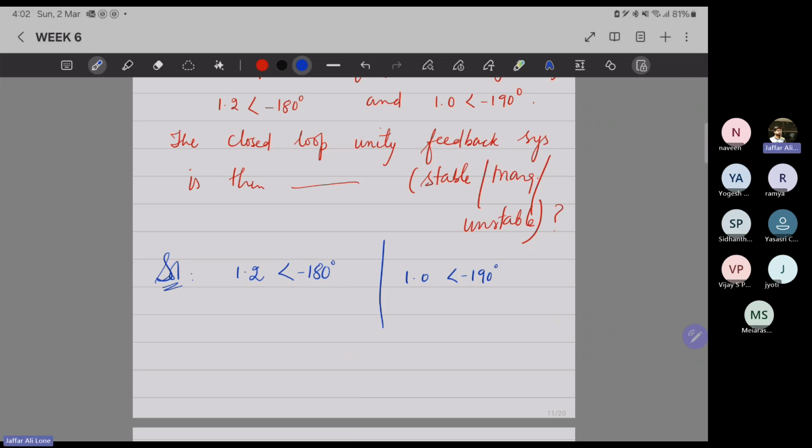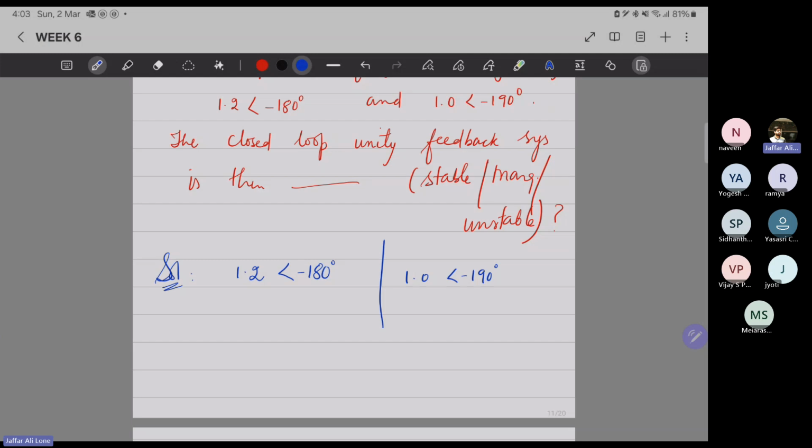We are doing questions on phase margin and gain margin, so obviously it's about gain margin and phase margin. It's easier this time, but it might not be when you are solving questions in general. When we talk of gain margin, we talk of phase crossover frequency, and when we talk of phase margin, we talk of gain crossover frequency.